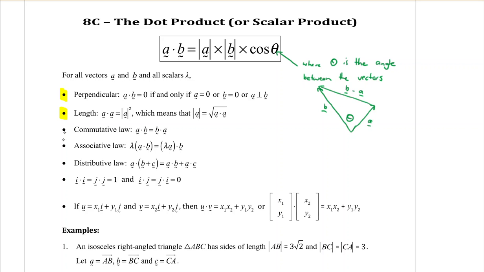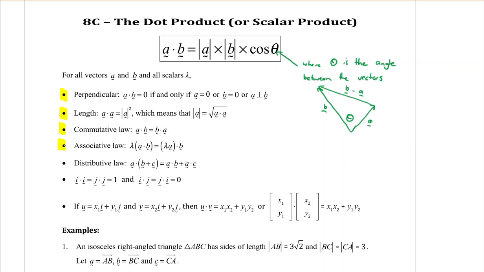Now these next couple of ones are things that should look very familiar from the things that you've learned in algebra over the years. So the commutative law means that vector A times vector B is the same as vector B times vector A, just like you would expect from normal algebra things. It doesn't matter the order in which you multiply them, they should still be equal. Okay?